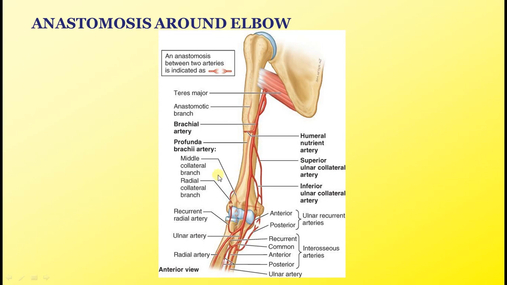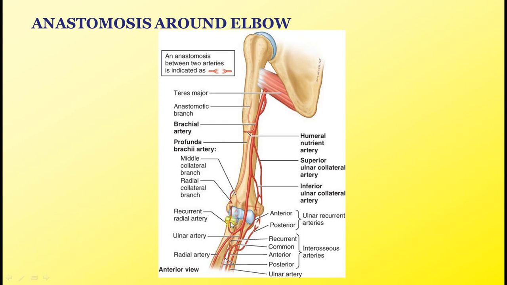So here you are able to see in front of the lateral epicondyle, the descending branch from the profunda brachii artery will anastomose with the radial recurrent artery. Behind it, the radial collateral branch will anastomose with the interosseous recurrent artery, which is a branch from the posterior interosseous artery.